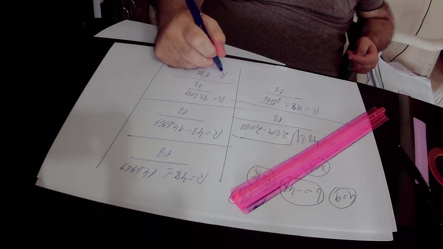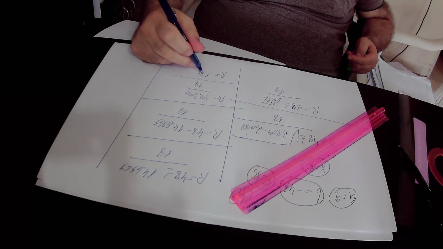So R equals 1.85 according to the first solution.